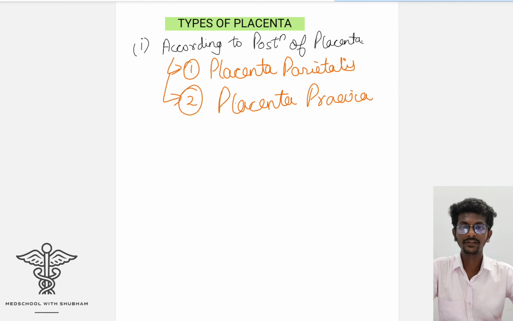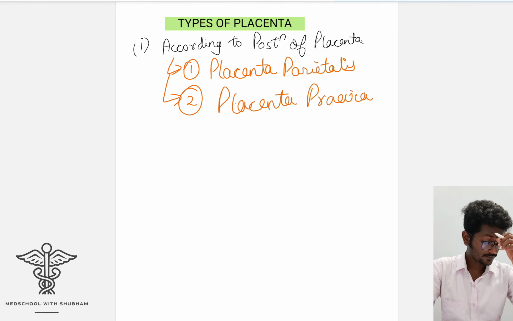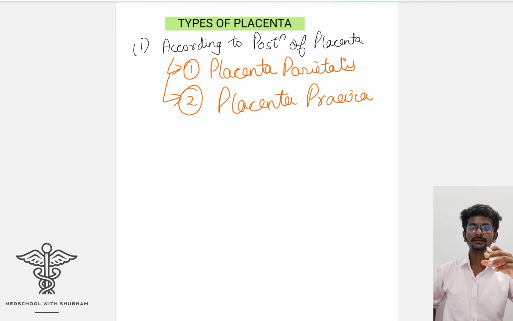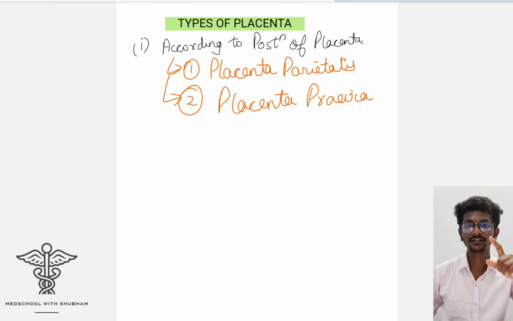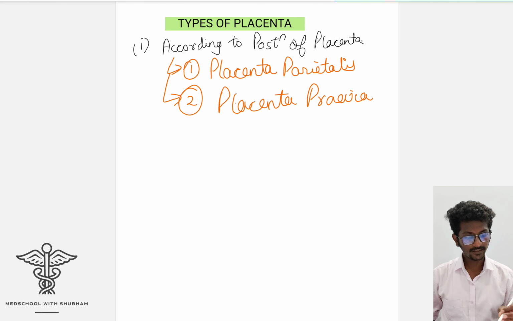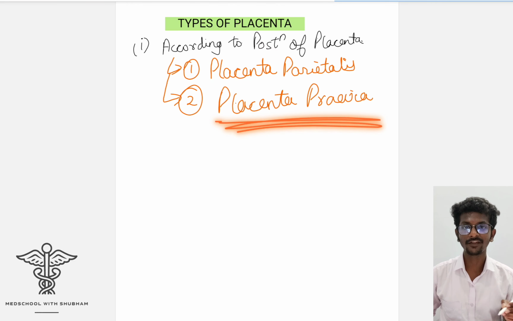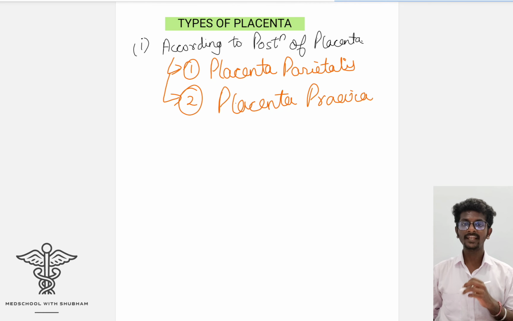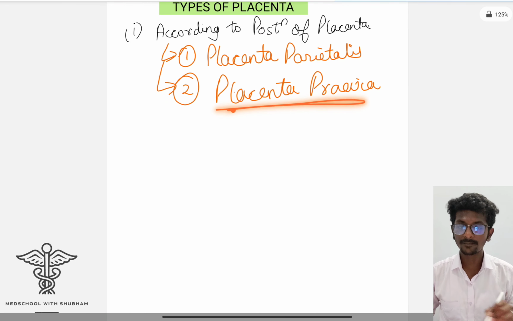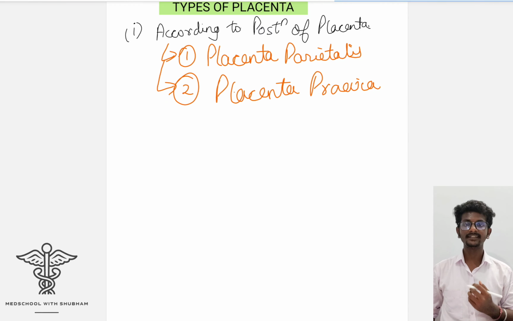What is placenta praevia? In my previous lectures, I think in the second lecture of the first week of development, I used the term placenta praevia and I told that I shall be explaining it in the placenta formation lecture. So here I shall be explaining about placenta praevia. What is placenta praevia?